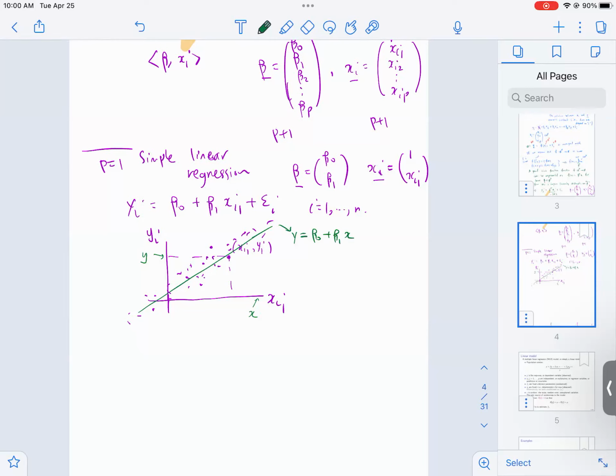So you probably have seen this. This is called the regression line, or generally the regression function. In higher dimensions, it would be a hyperplane. In the two-dimensional case, it would be a plane, and in higher dimensional space it's an extension of it, called a hyperplane. These are called affine spaces.